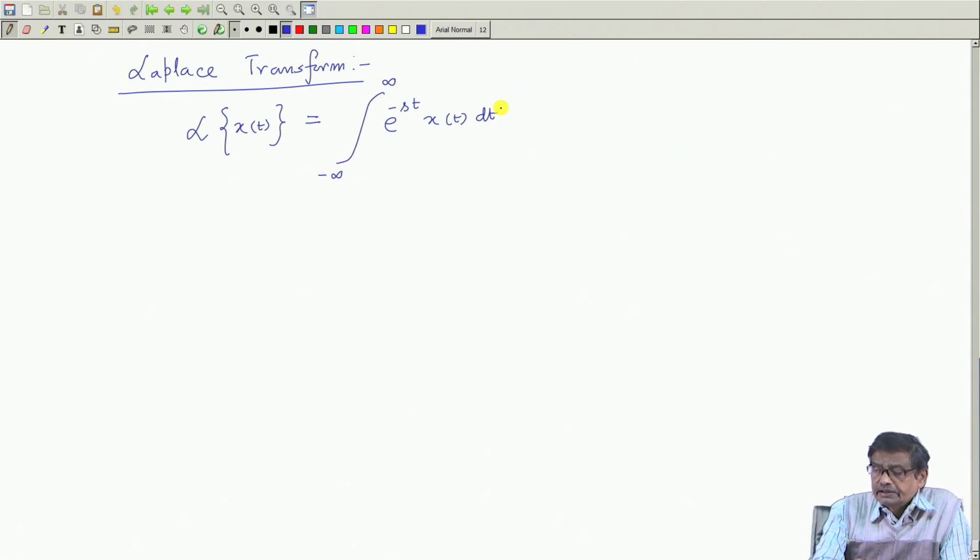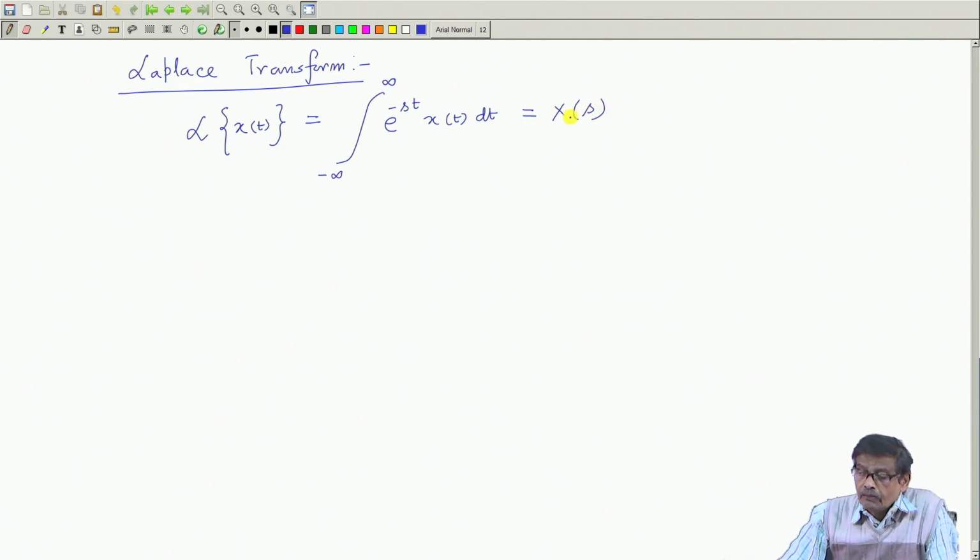Okay, in general, this is the definition of Laplace transform, and if you carry out this integration with respect to time, right hand side you will be returned with a function which is function of s only. So, that is written as x s, that is the thing. Okay.